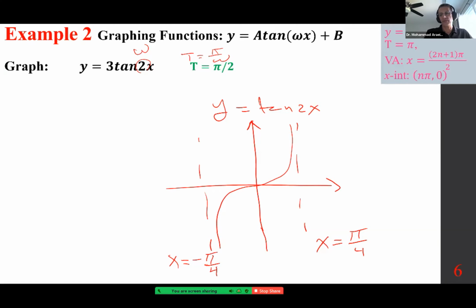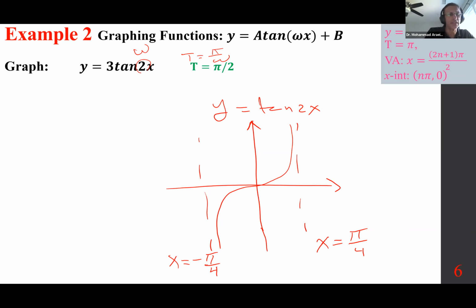When you have, first let's go with the tangent. I'm going to discuss the VA in a moment, but the regular tangent goes from negative pi over 2 to pi over 2. But because the period is cut in half, we're going to go from negative pi over 4 to pi over 4. That's the first thing we want to pay attention to.